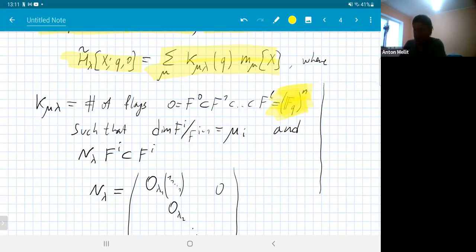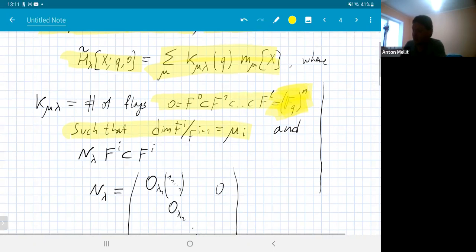And you count flags of vector spaces. So F_0 is always 0, F_l is the whole thing, and in between you have several vector spaces, and the dimensions are fixed by this partition mu. So this partition mu will always correspond to the dimensions of the flags.